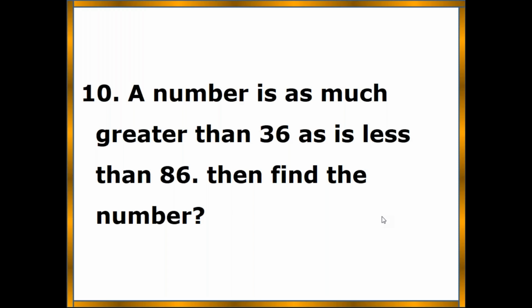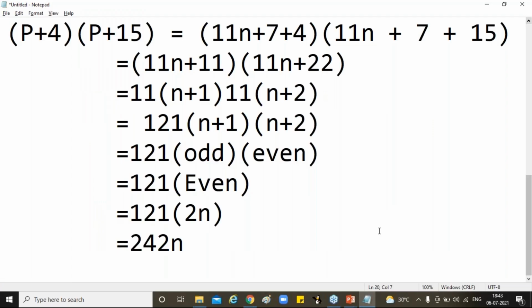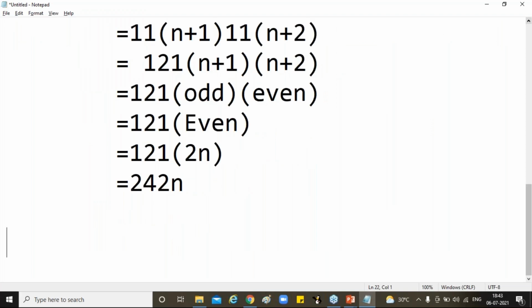So 37, 38, 39, 40. Below 86 means 84, 85, 83, 82, like that. If you observe clearly, one number is more than 36 and the same number is less than 86.